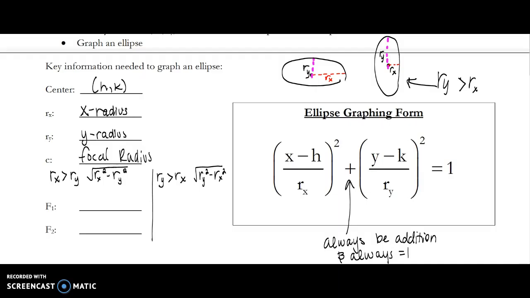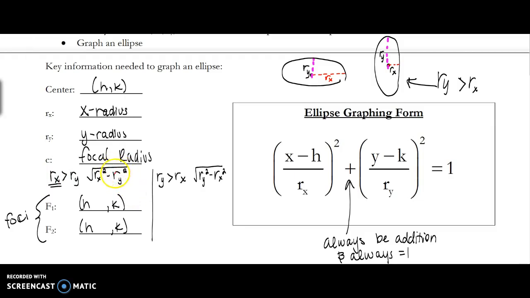Now F1 and F2 are our foci, our focal points. So how we find that is we take our center (h, k). This is an example for when our x radius is bigger.